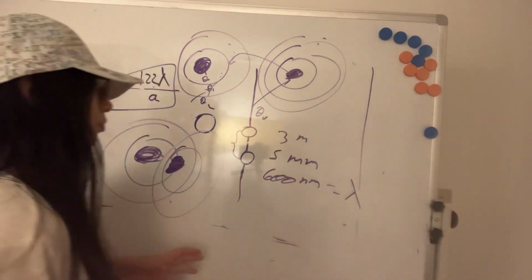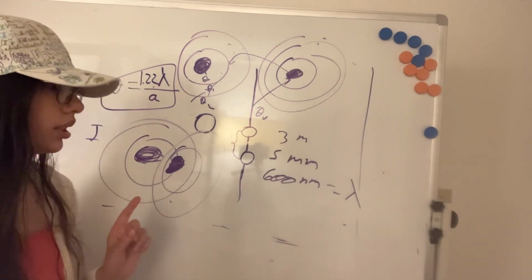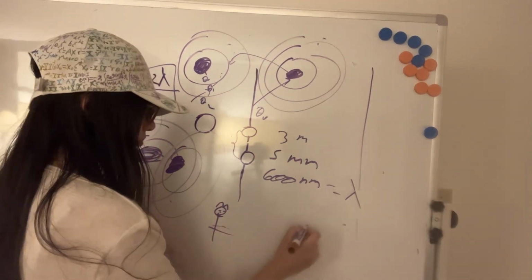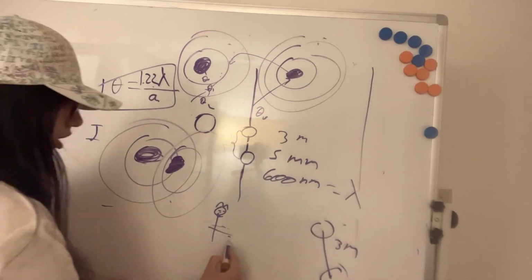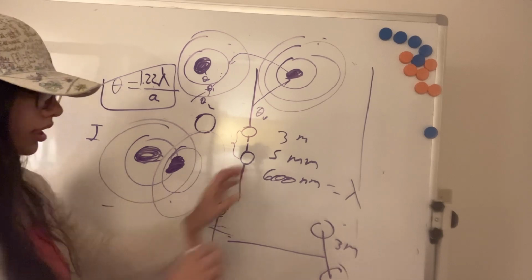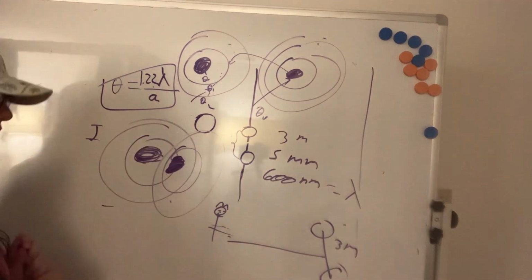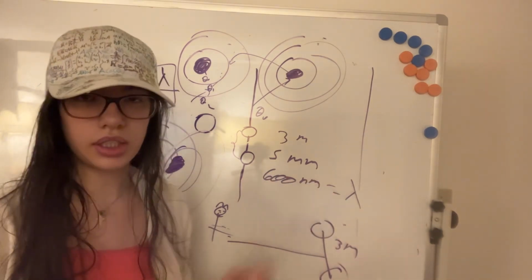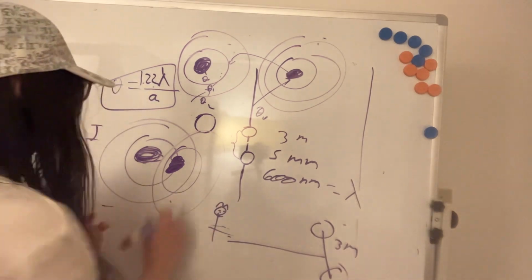Now we want to know the distance from here. Here is the car with the two light sources that are 3 meters apart. We want to know what is the minimum distance at which we will distinguish that there are 2 diffraction patterns, or that there are 2 sources of light. I think this is quite complex, so if you think you can do it, stop the video now and you can continue to see we have the same result, but anyway, I will continue here.